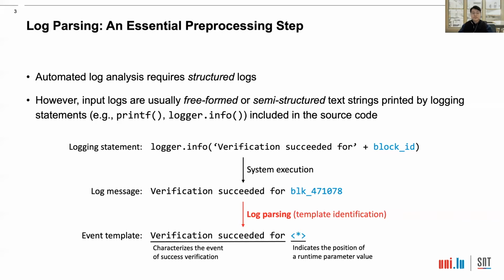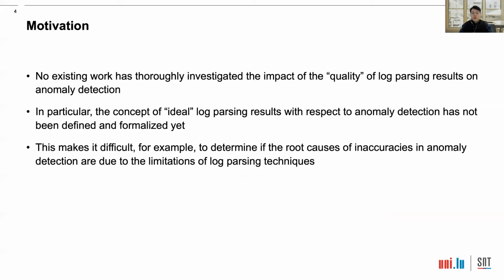The motivation of this work is that no existing work has thoroughly investigated the impact of the quality of log parsing results on anomaly detection. Indeed, the quality of log parsing results is not easy to define precisely because the concept of quality is somehow not clear.